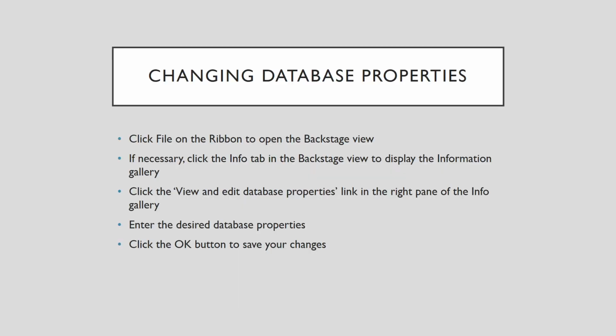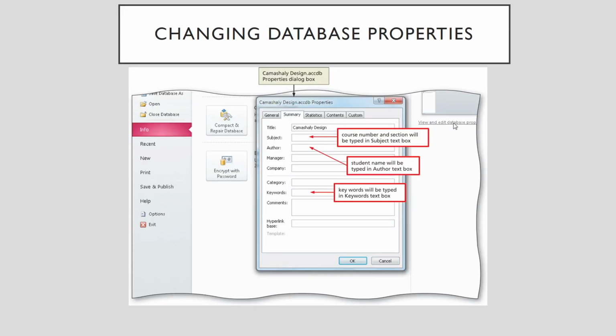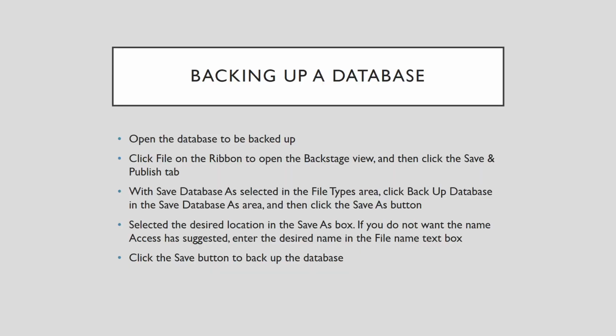All right, and also you can change database properties, like click file on the ribbon to open the backstage view. If you want to back up your database, click file on the ribbon to open the backstage view, and then click the save and publish tab.